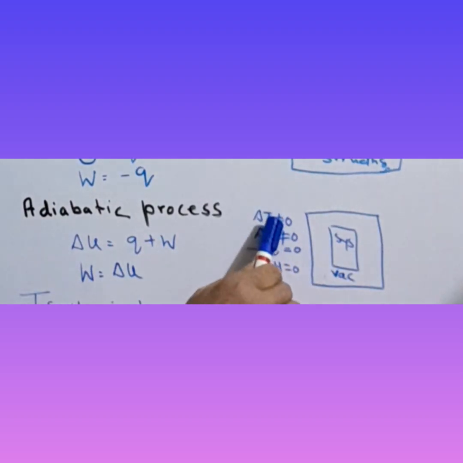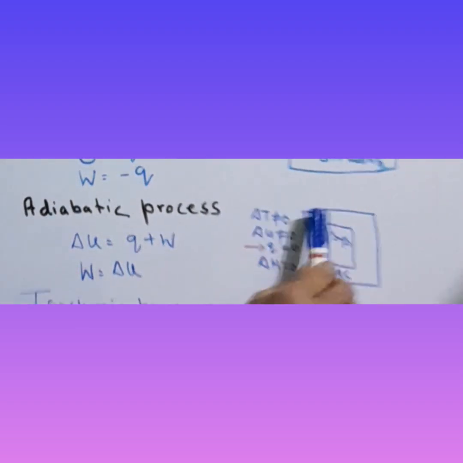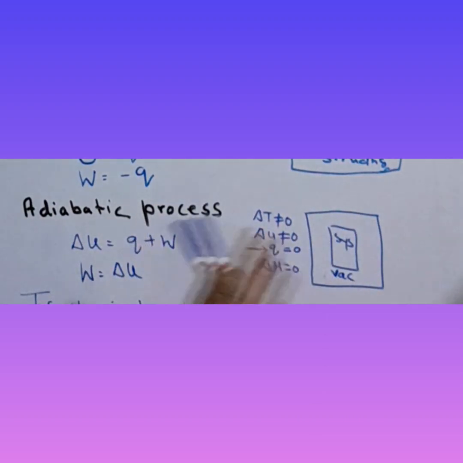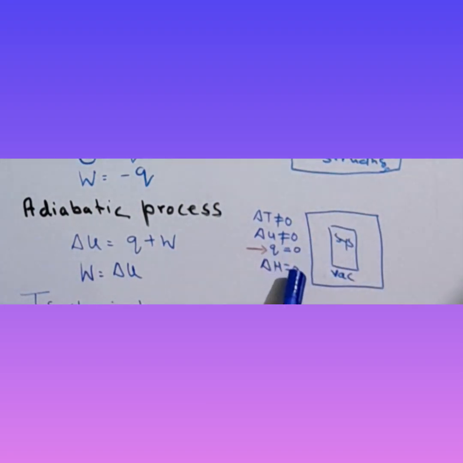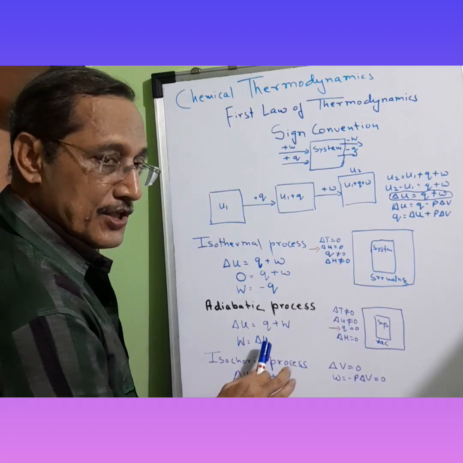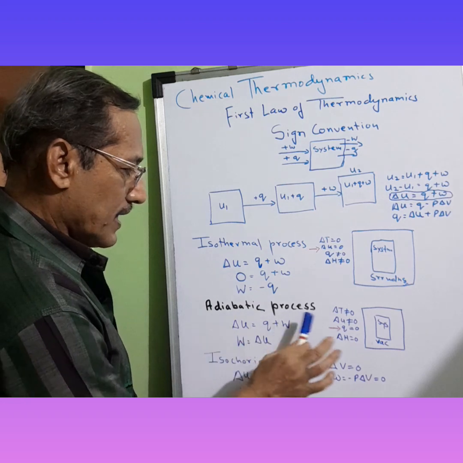So del T is not equal to 0, del U is not equal to 0, but Q is equal to 0 because there is no exchange of heat between the vacuum and the system. Since Q is equal to 0, del H is also equal to 0. But in this equation, we are concerned with Q. So Q is equal to 0, so W is equal to del U. That's the fate for the adiabatic process.